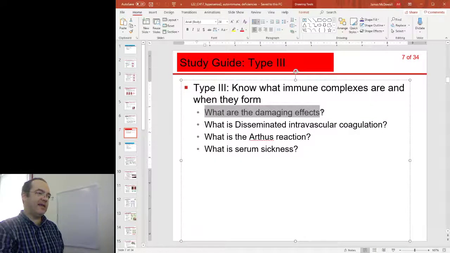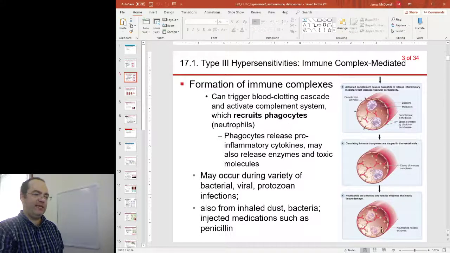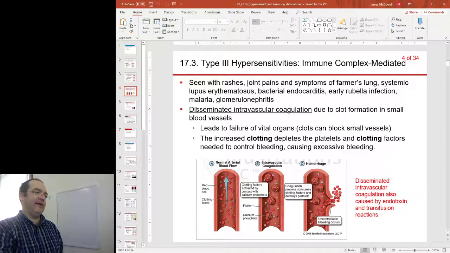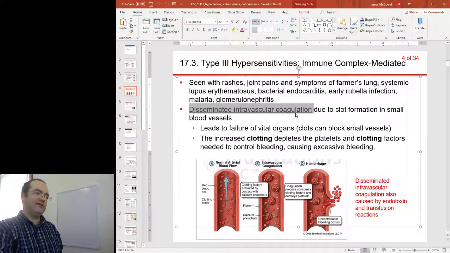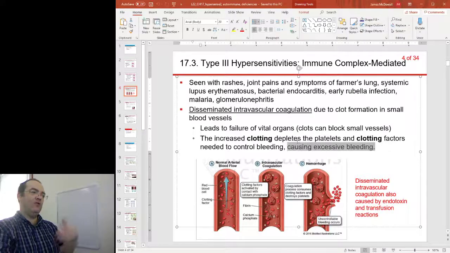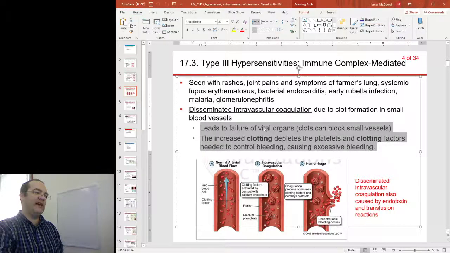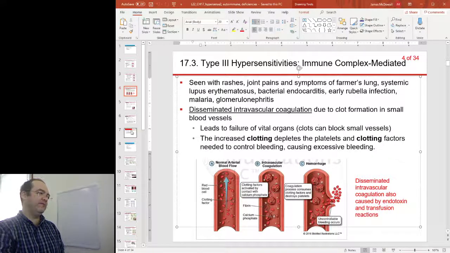The damaging effects are many: release of toxic chemicals by phagocytes, activation of the clotting cascade, leading to disseminated intravascular coagulation, and then all of the subsequent harmful effects that can cause.